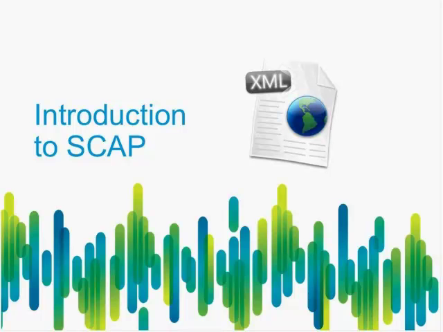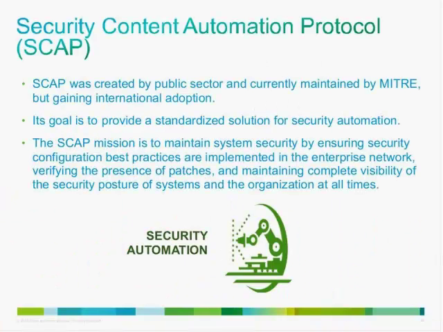Now, OVAL is part of a bigger set of standards called SCAP. SCAP stands for Security Content Automation Protocol. It was actually created by the U.S. public sector, and it's currently maintained by MITRE, but it's gaining a lot of international adoption.